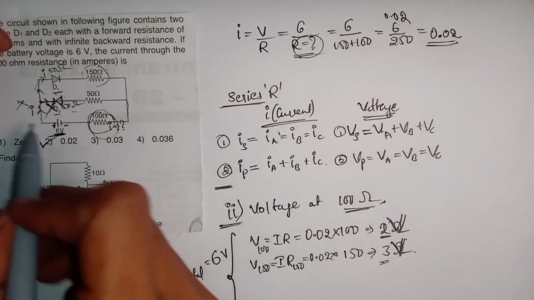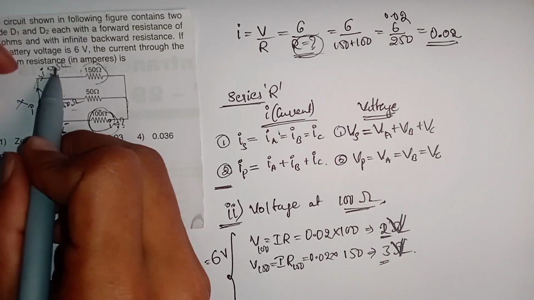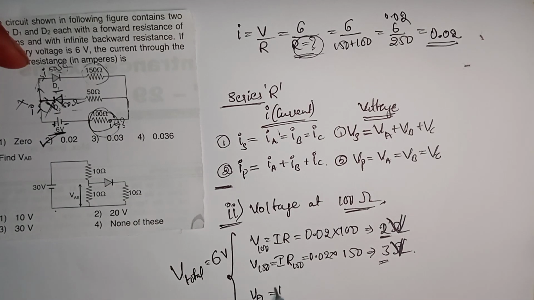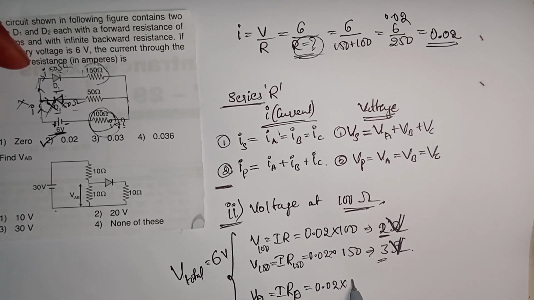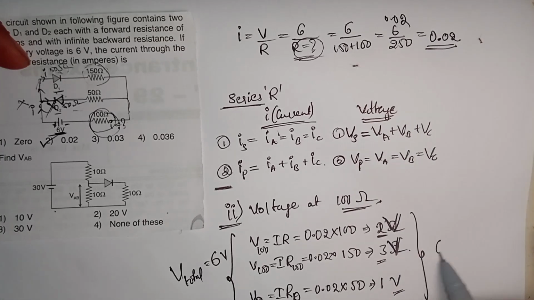Consider this circuit where a 50 ohm diode is given. To find the diode voltage, it is current into the resistance of the diode. How much current value is given? 0.02 into what is the resistance there? 50. So we got 1 volt. Totally, by adding these we get 6 volt.